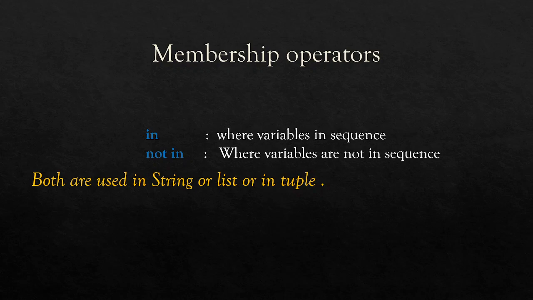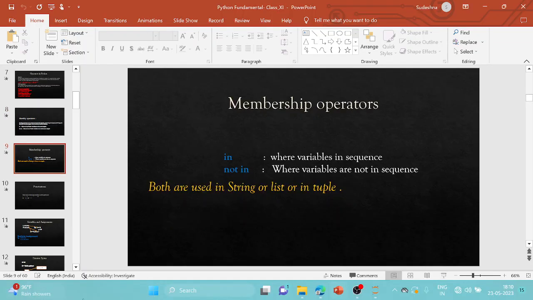Very simple. In means in the sequence, not in means not in the sequence. And it will work with string, list, or tuple. We will always use this membership operator along with string, list, or tuple.